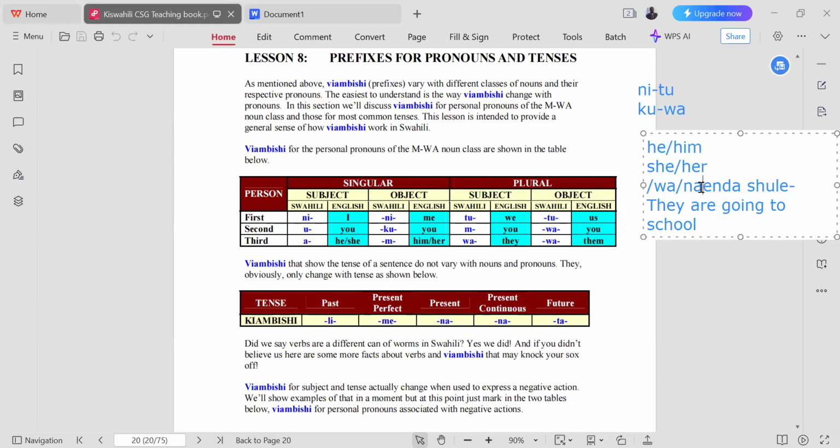Leave the one in blue. Down here we have the na in the tenses. So we have the past tense, present perfect, present tense, present continuous, and future tense. Can you see that? Now, the word that follows wa, which is na, the word na is referring to tense. So in this case, it is present tense, which means they are going. It's present, they are going.